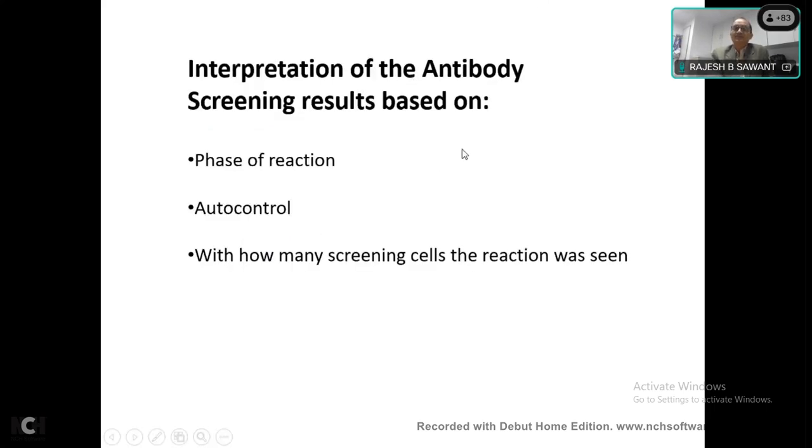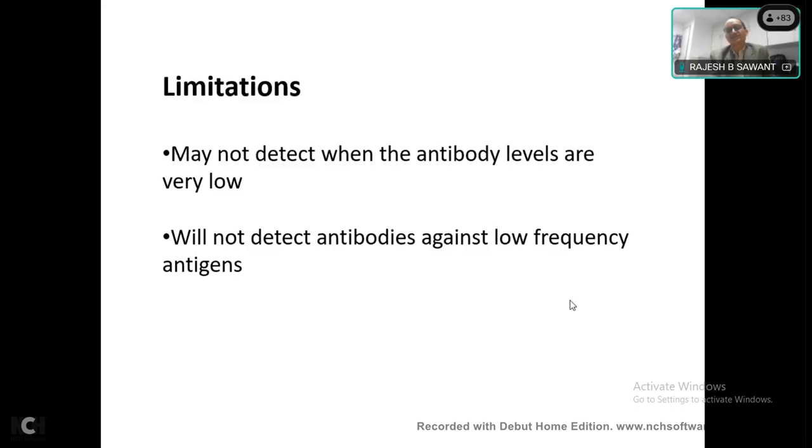Now, the interpretation of your result will be based on the phase of the reaction. So are you able to detect the antibody at room temperature, or is it an auto-reacting antibody, or how many cells? As I said, it can be a single specificity antibody or antibody towards multiple specificities, multiple antigens also, right?